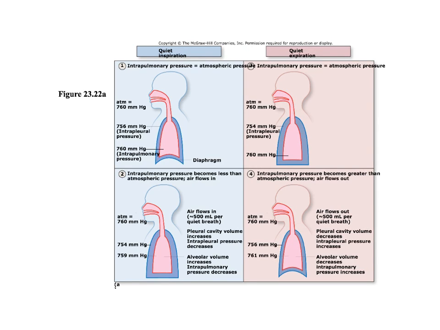Okay, here are some numbers. Quiet inspiration: 760 in the atmosphere, 756 in the intrapleural space, 760 in the lungs, and the diaphragm is domed.